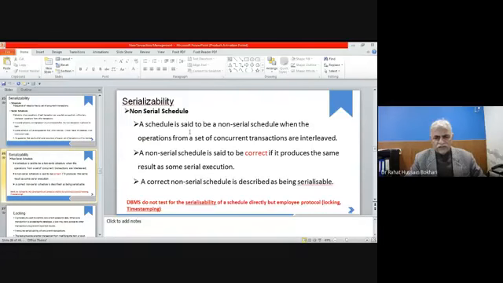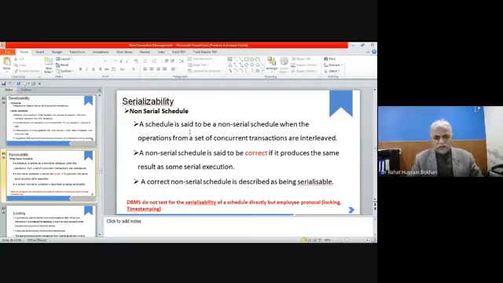A non-serial schedule is said to be correct if it produces the same result as some serial execution. It depends upon there being no malfunctioning and none of the problems that we have already discussed, such as lost update. If those are not occurring, we can say it may produce the same results as the serial execution.